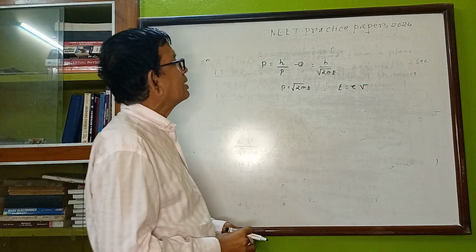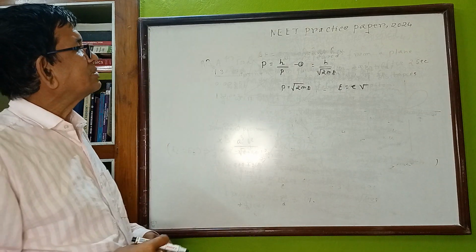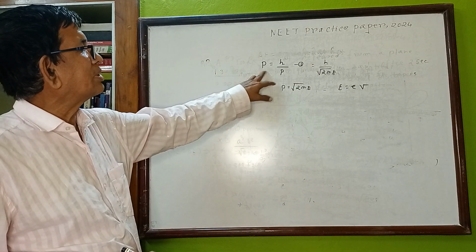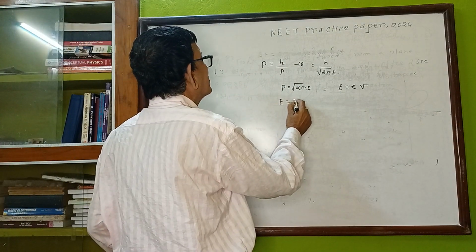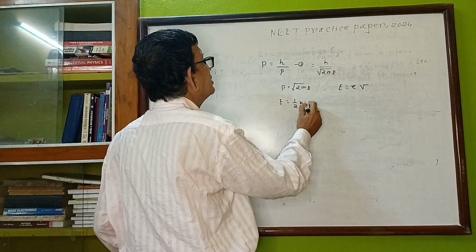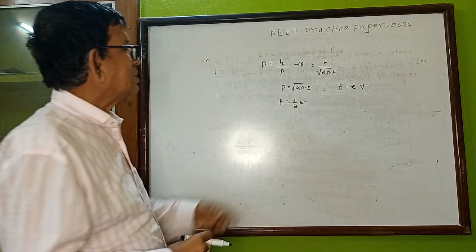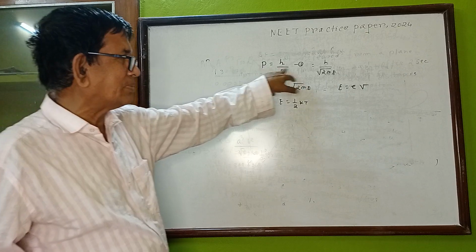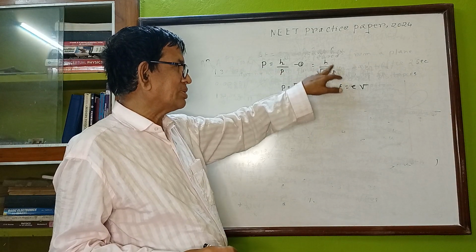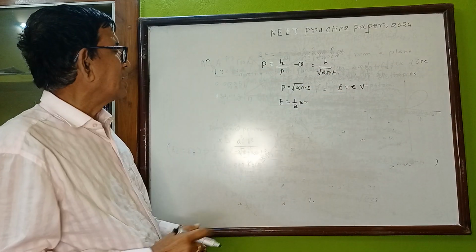In this way you can calculate the de Broglie wavelength. For the energy of the particle you can put 3 by 2 kT, or instead of this you can put kT. So de Broglie momentum with respect to Planck's constant is coming.